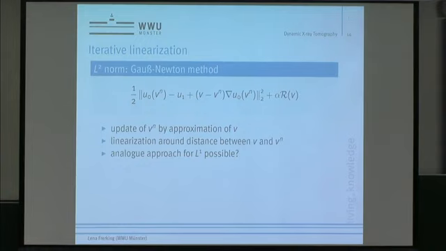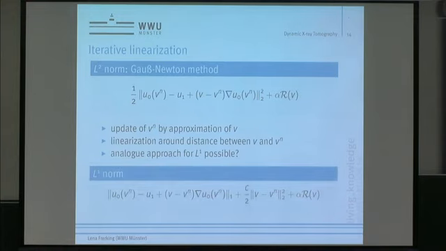The Gauss-Newton method can basically be derived by linearization around the distance between the optimal solution V and the actual iterate Vn. And by incorporating this functional into a multi-scale approach, we can ensure that this distance between V and Vn is always smaller than the actual grid size. Now, of course, the question is whether an analogous approach is also possible for the 1 norm, and the answer is yes.